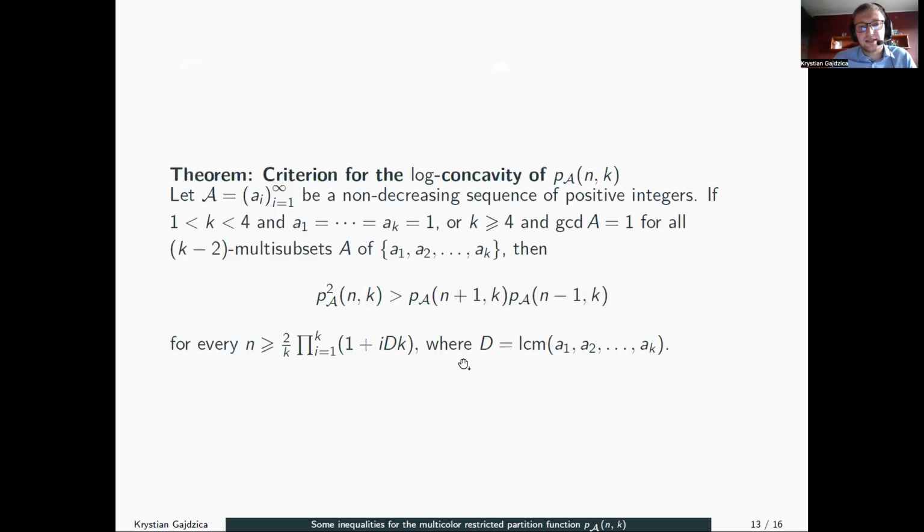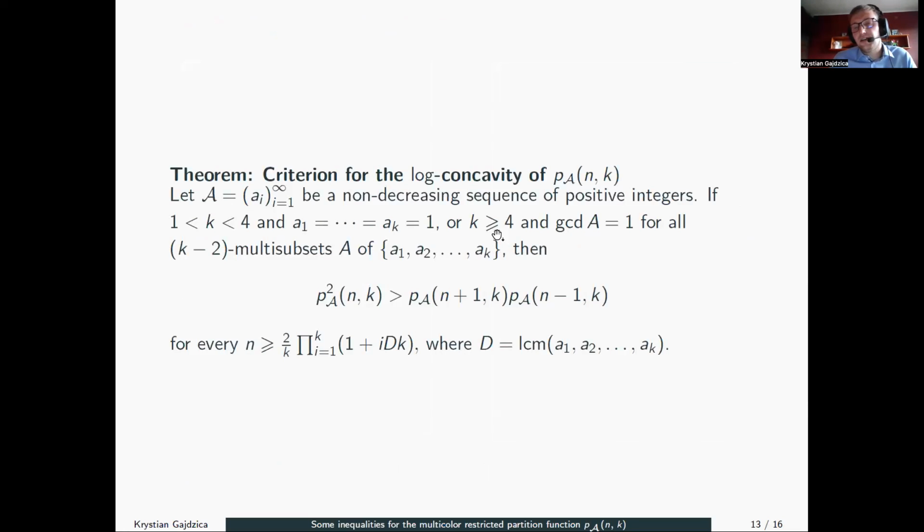So what about the theorem? The theorem says that if we have a weakly increasing sequence of positive integers, then we have 2 cases. If k is either 2 or 3, then we need to assume that a1 equals ak equals 1, and in that situation we obtain the log concavity for all n greater or equal than 2. It is quite easy to verify.